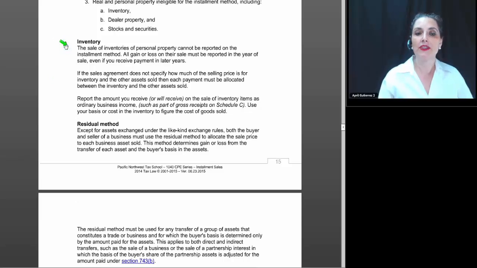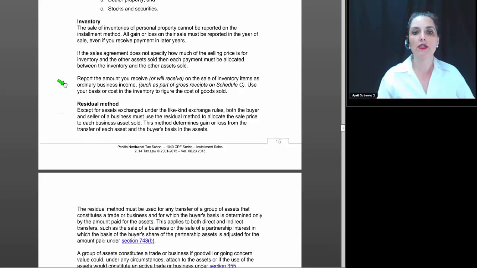Inventory. The sale of inventories of personal property cannot be reported under the installment method. All gain or loss on their sale must be reported in the year of sale, even if you receive the payment in later years. If the sales agreement does not specify how much of the selling price is for inventory and the other assets sold, then each payment must be allocated between the inventory and the other assets sold.